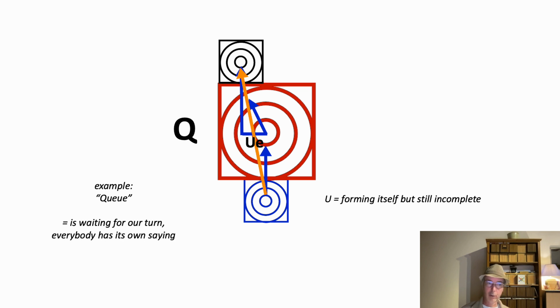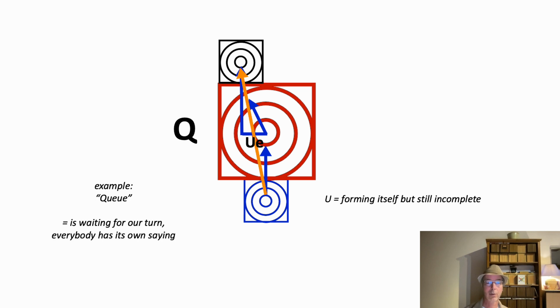Here the Q is: you are waiting for your turn, and it's the other one's turn. And with two times this, you know that you wait every time. You have to wait for your turn. So in that way, everybody will have the moment of their own saying.